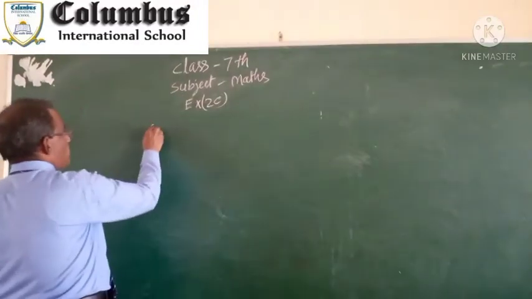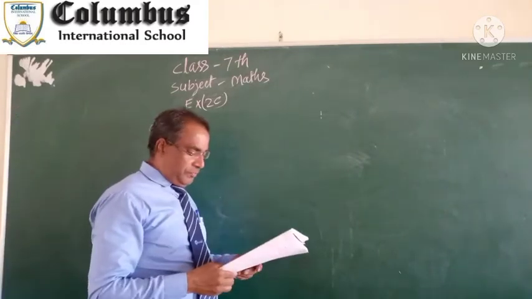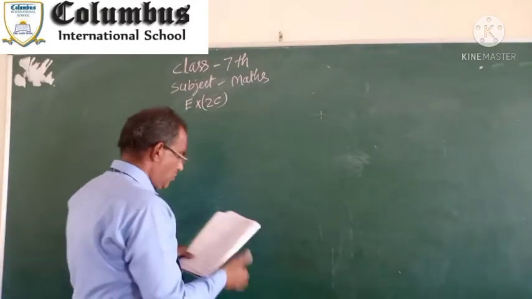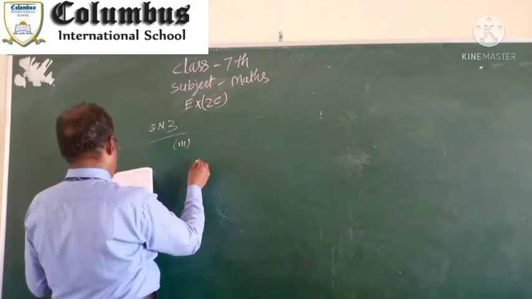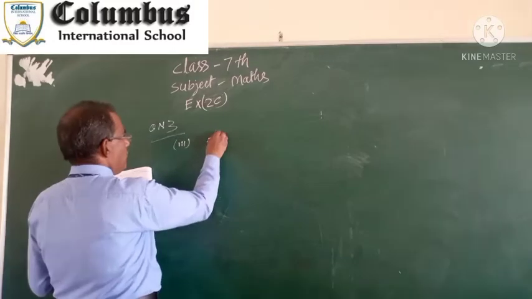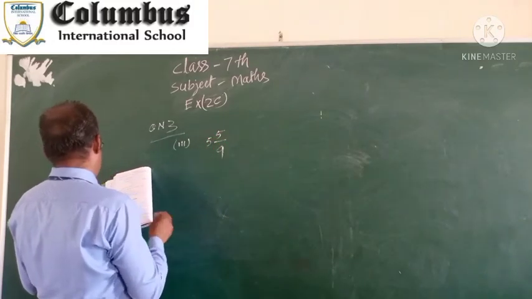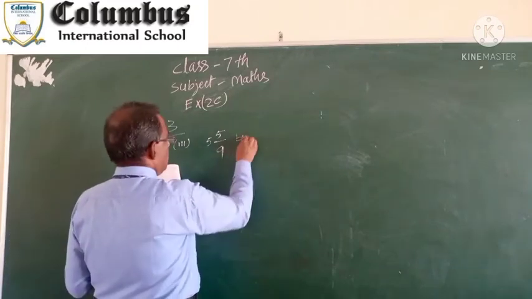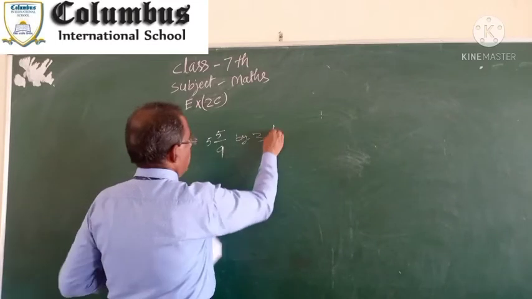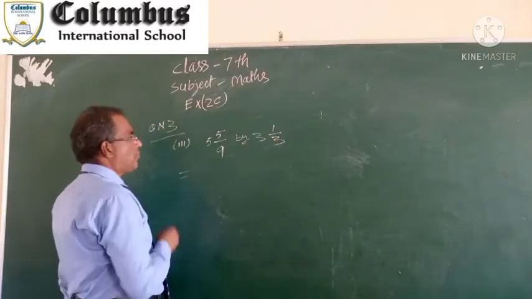Question number 3. 5 and 5/9 divided by 3 and 1/3. First of all, we should change the numbers into improper fractions.